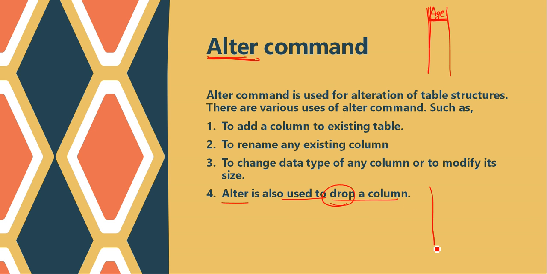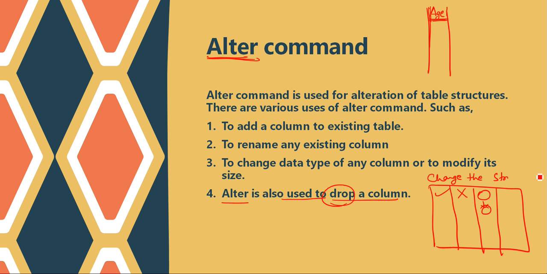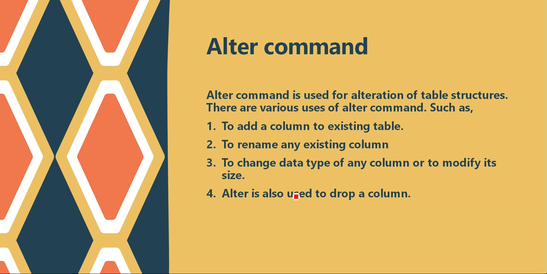So alter command is used to change the structure of a table. We can add a new column, delete any column, change the data type of any column, or rename the column. These four tasks we can perform using this alter command.